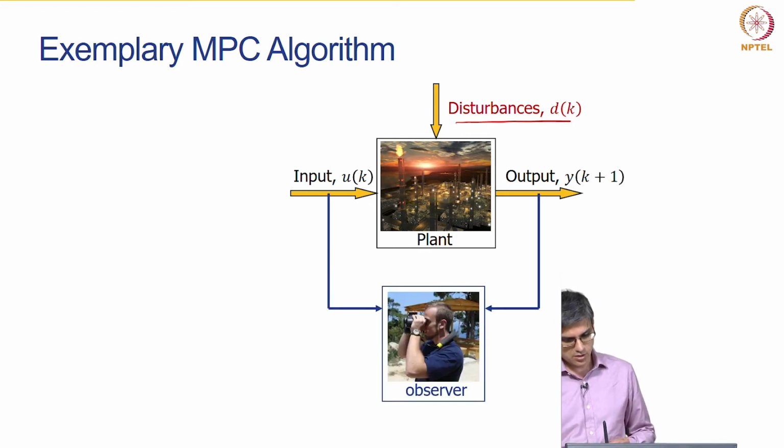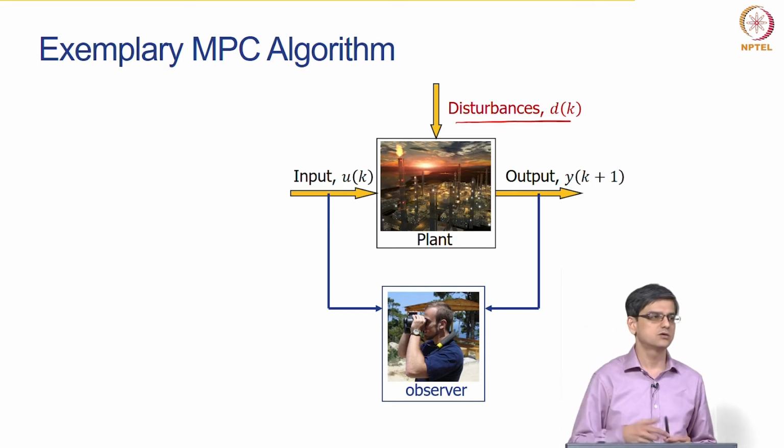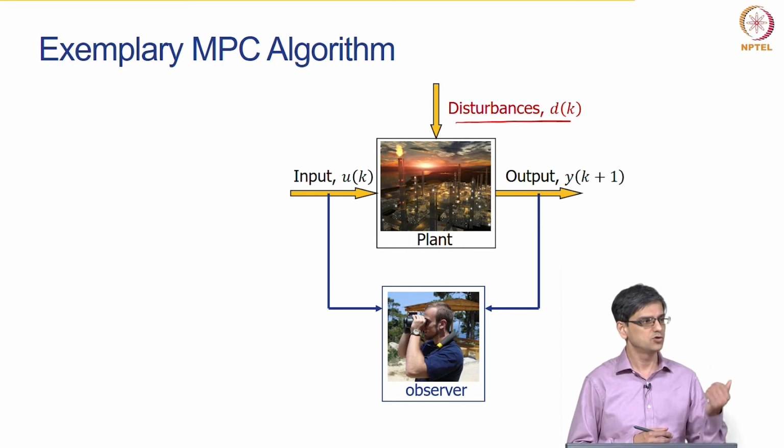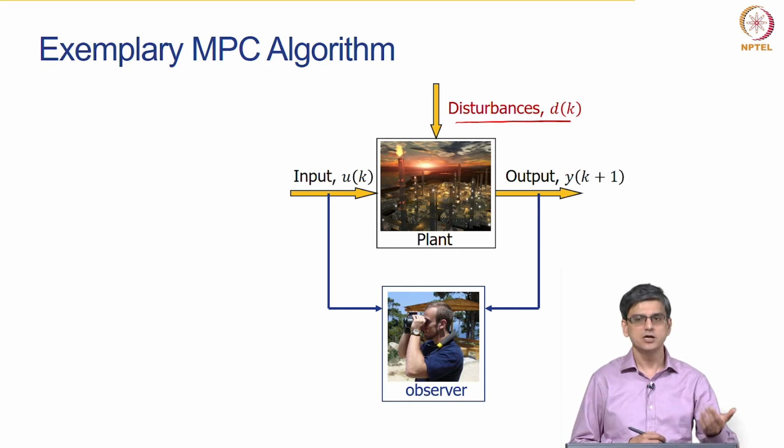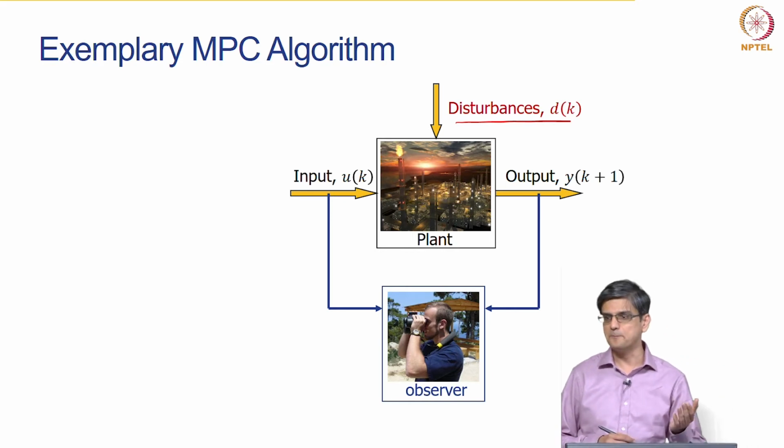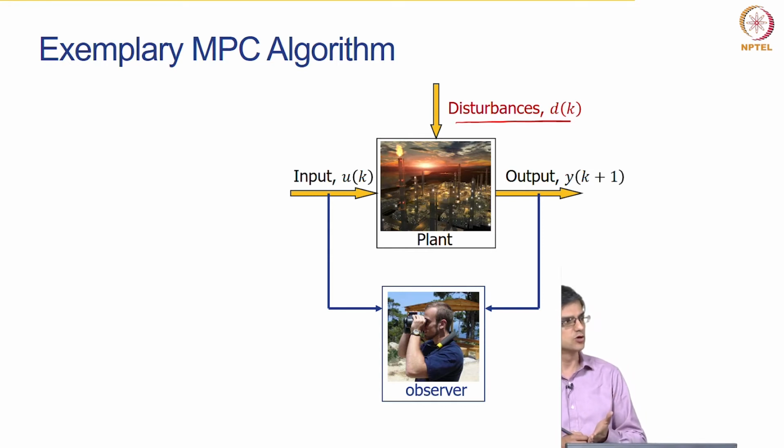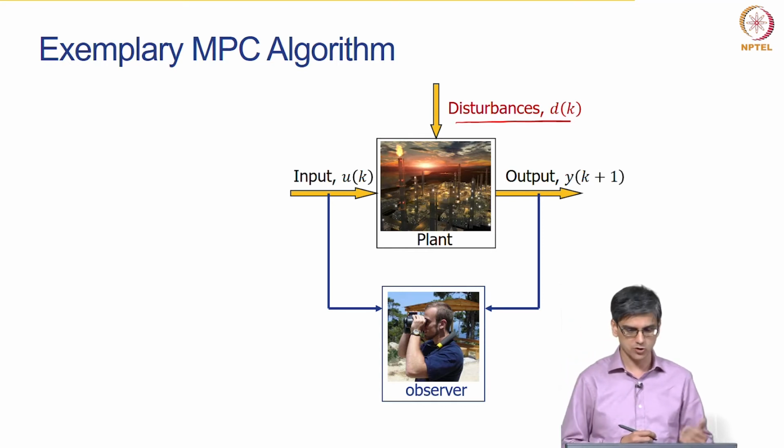Okay. At each time step you measure what the outputs are, you know what your inputs are, you will use the model in order to do the state update. Once you do the state update, you are going to compare what is the value of your output with the actual plant output. Okay.